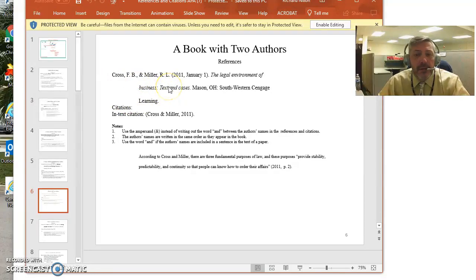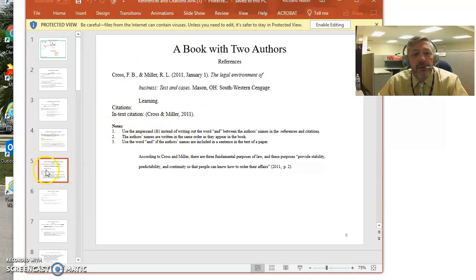The first week I won't take off for formatting, but after that I will, because I'm giving you the resources you need. And then your citation should look something like this, with the parentheses, or in this case it would be Heron and Mitchell, and then the publishing date, and then parentheses. And then read the notes down below.